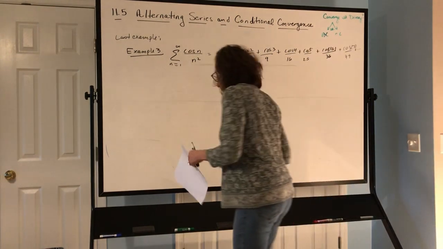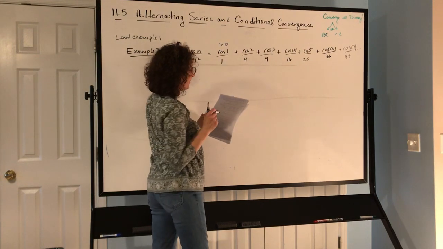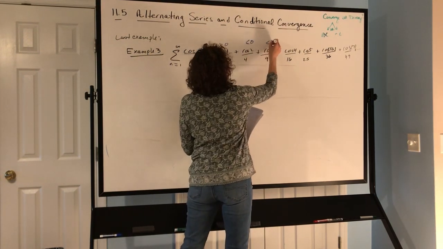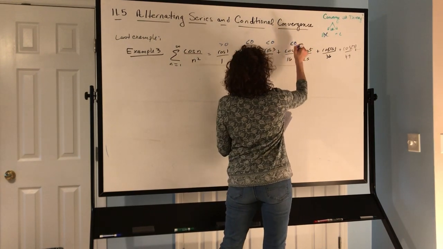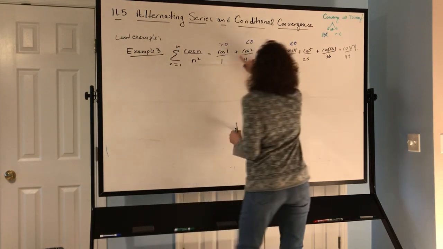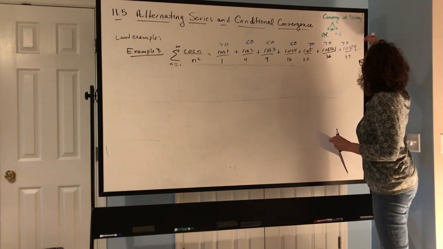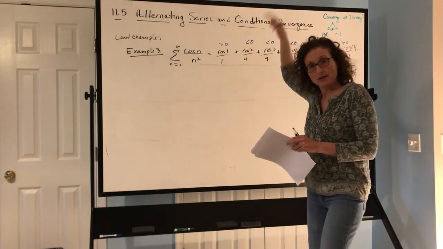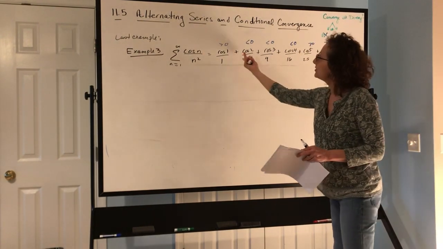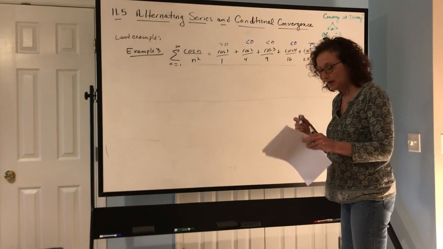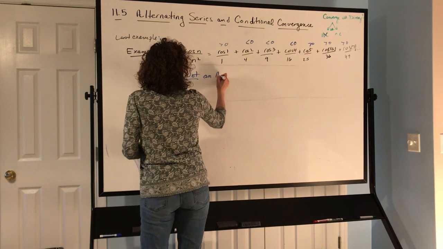In fact, no. If you check, cosine of 1 is positive, but cosine of 2, 3, and 4 are all negative, so it's positive plus a negative plus a negative plus a negative, and then these guys are positive, positive, positive, and then there are more negatives and positives that keep going, but it's not any type of pattern. So there are positive terms and negative terms, but it's not an alternating pattern. So this is not an alternating series.